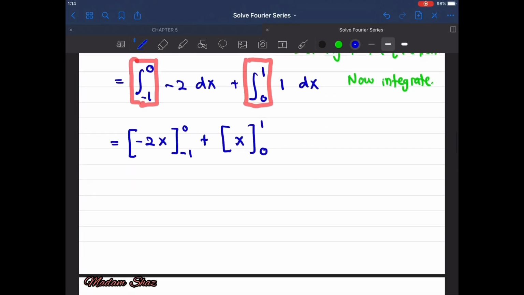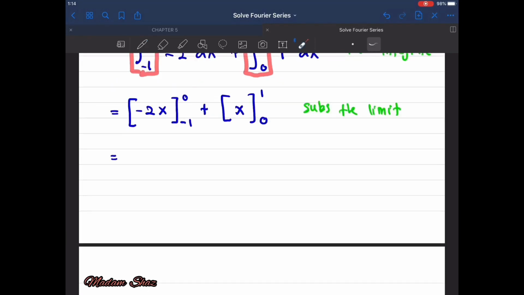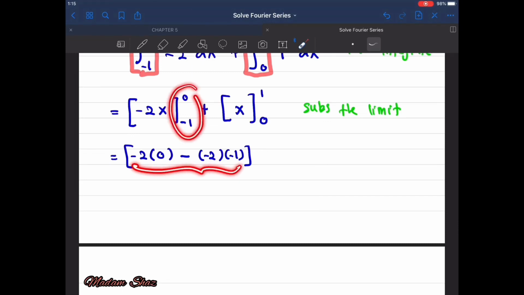So now substitute the limit. We substitute the highest value minus the smallest value. Negative 2 multiply 0 minus negative 2 multiply negative 1. This one is for the limit negative 1 until 0.